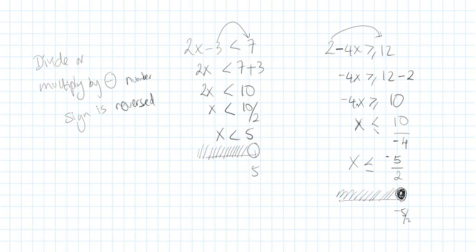For example, if I write this statement, 1 is less than 2. We can all agree with that because 1 is smaller than 2 on the number line, right? However, if I multiply by minus 1 on both sides, I get minus 1, I get minus 2. Can I actually keep the sign as less?